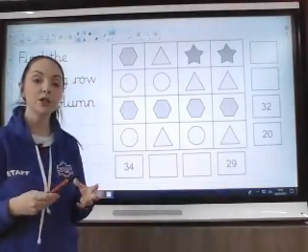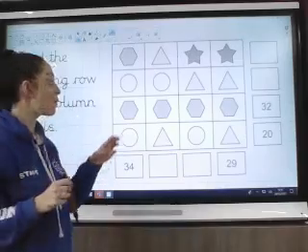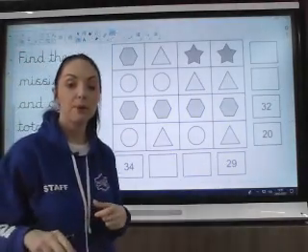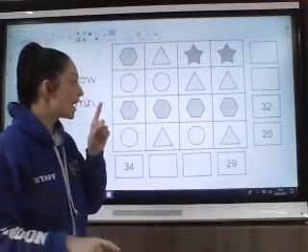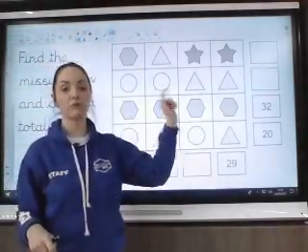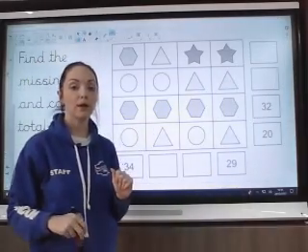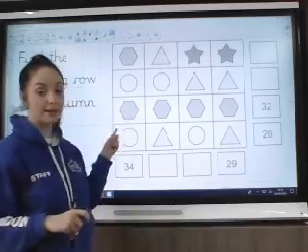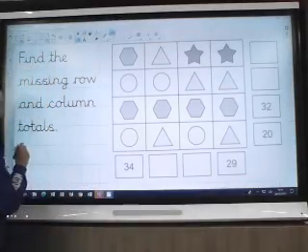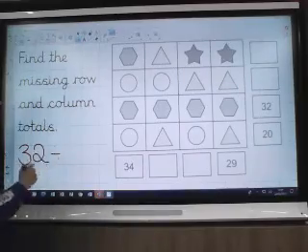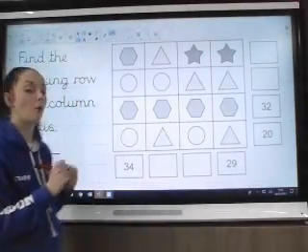Okay, but before you can do that, you've got to work out what each symbol, what each shape is worth. Okay, now straight away I can see that this one, they are all the same shape and it equals 32. Okay, so to work out what this hexagon is worth, we can do 32 divided by 1, 2, 3, 4.